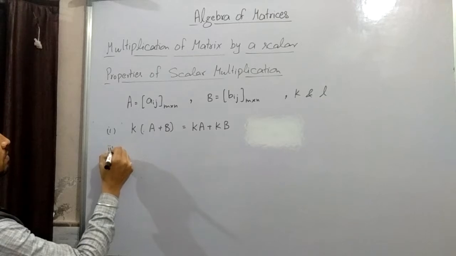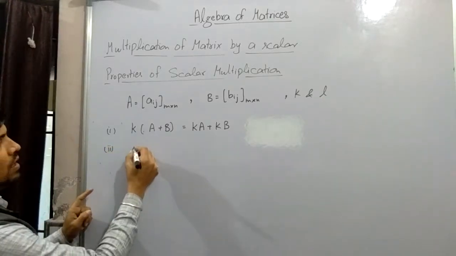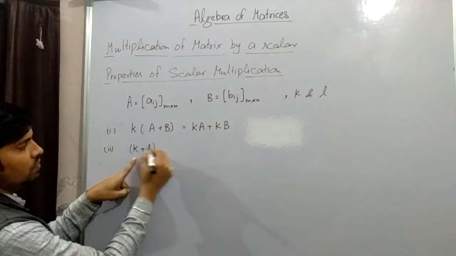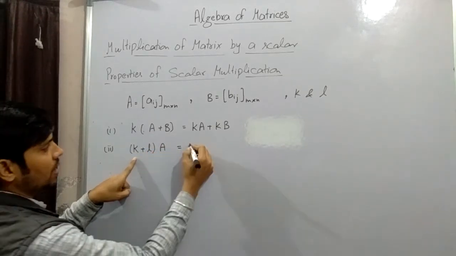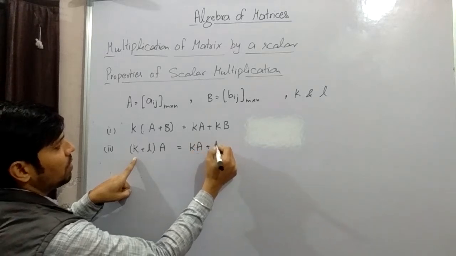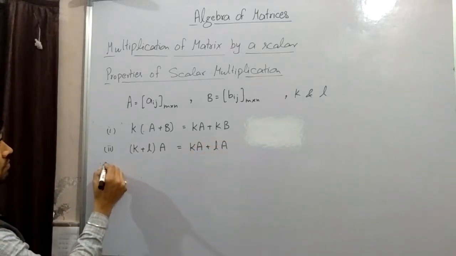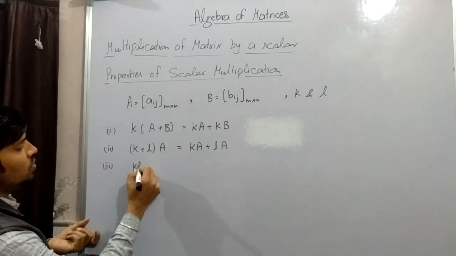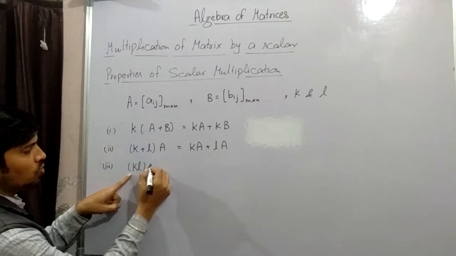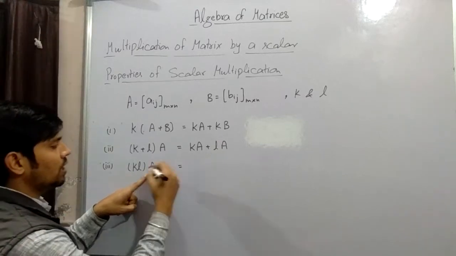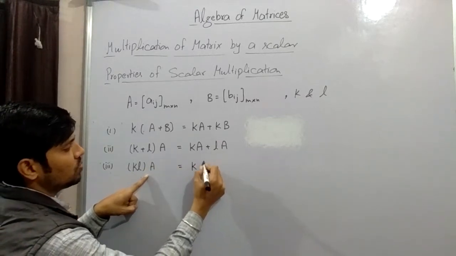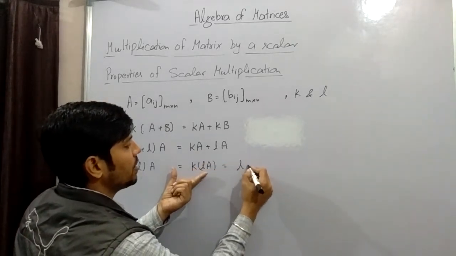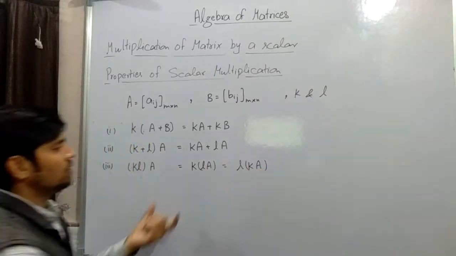The second one: if K and L are scalars and the sum of these scalars is multiplied by A, then this can also be written as K into A plus L into A. The next property: the product of the two scalars, K into L, multiplied by A, can be written as K into LA, or also as L into KA.